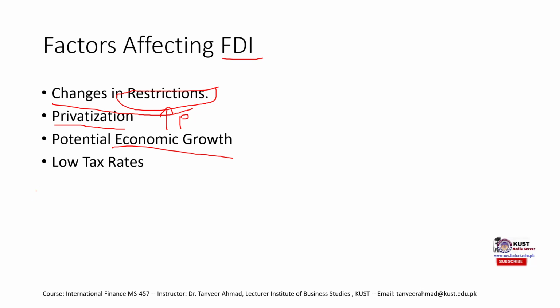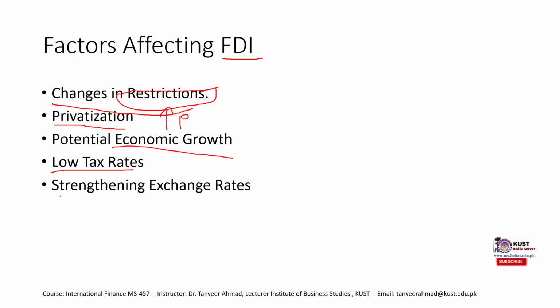Then we have low tax rates. Countries that have lower tax rates, foreign investors would obviously want to invest in these countries. So foreign direct investment would increase if there are lower tax rates.